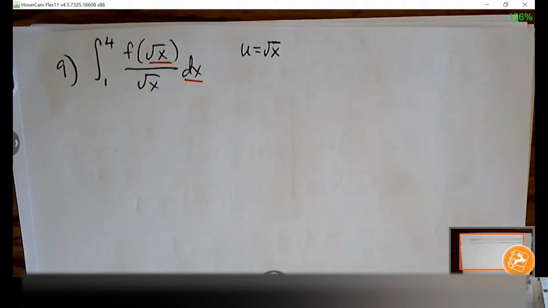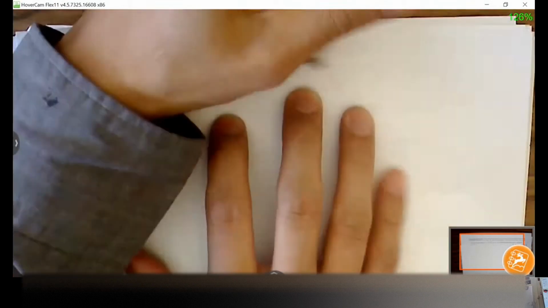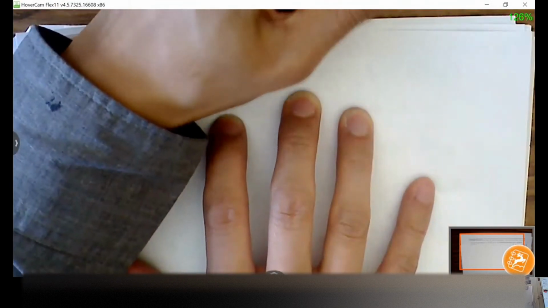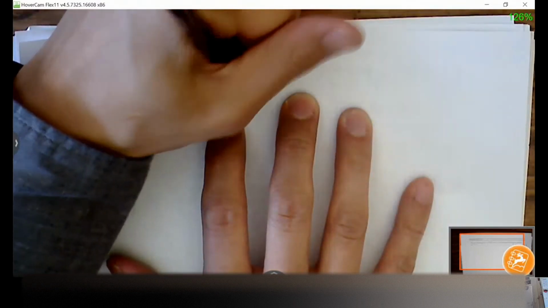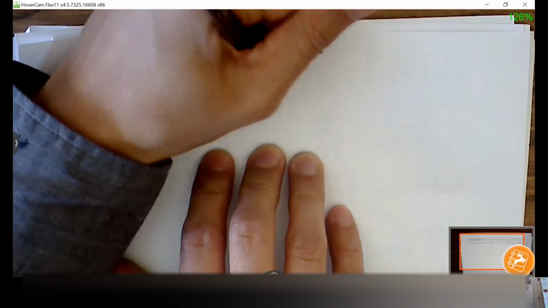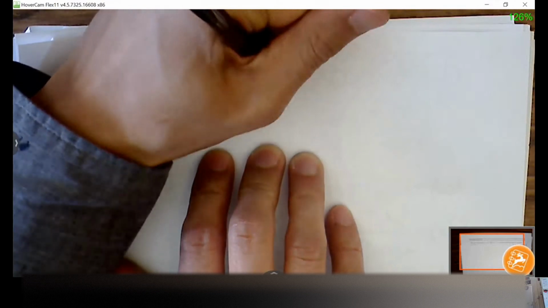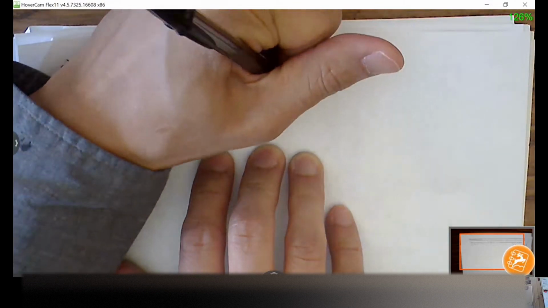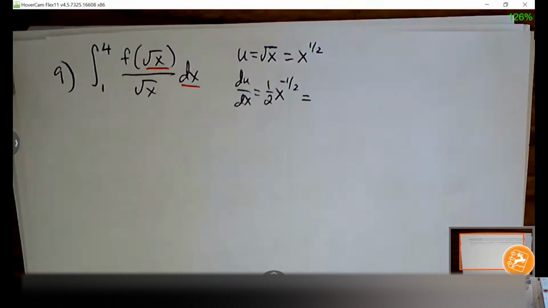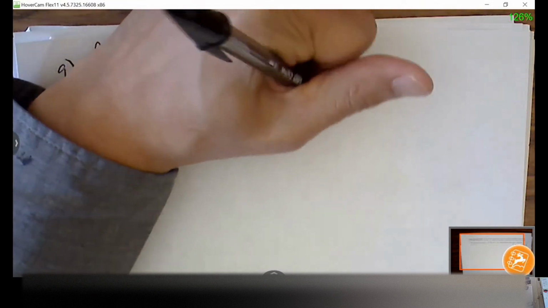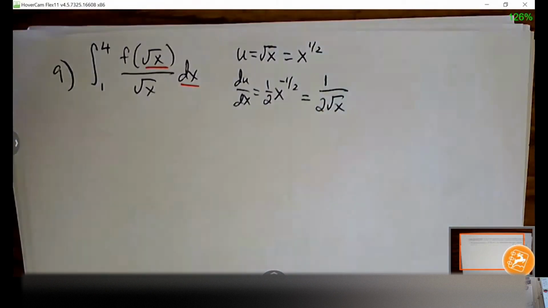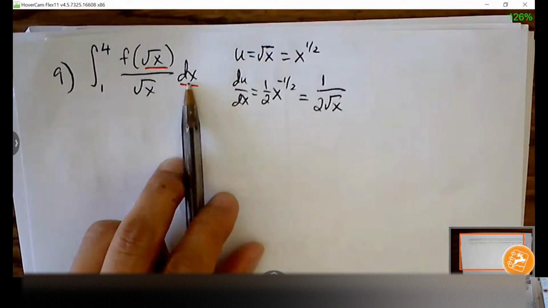I can go through power rule there. Do a little bit of cleanup. Push that x back to the bottom. I'll make it back to square root. And if I cross multiply, I can get that dx by itself.